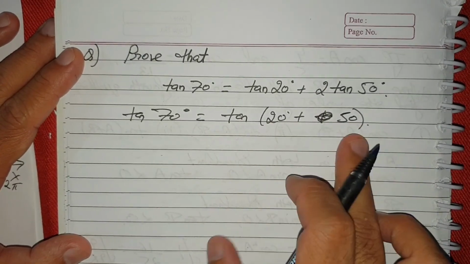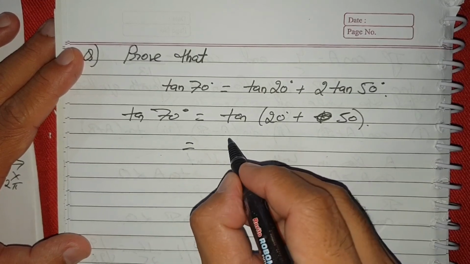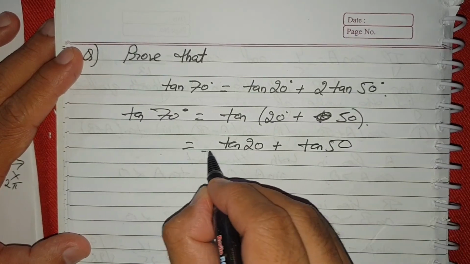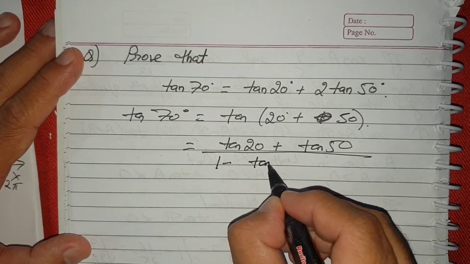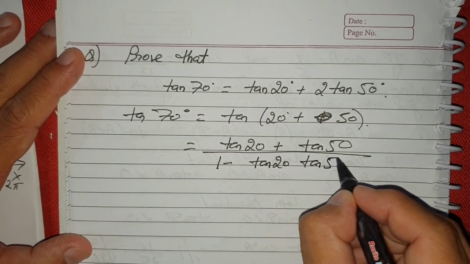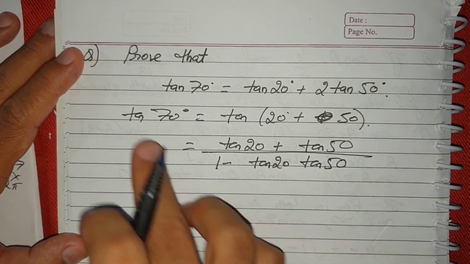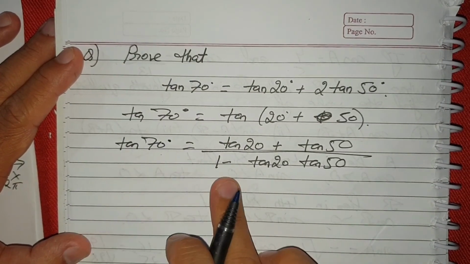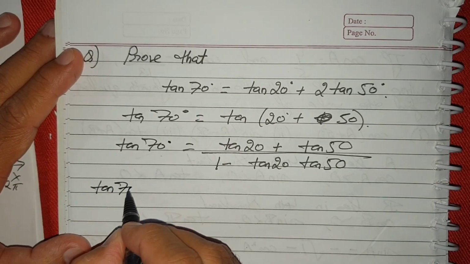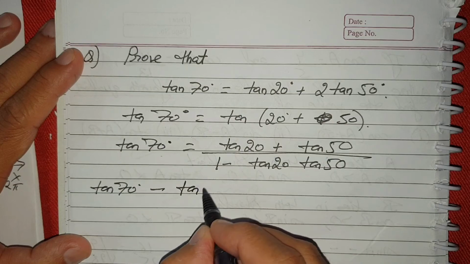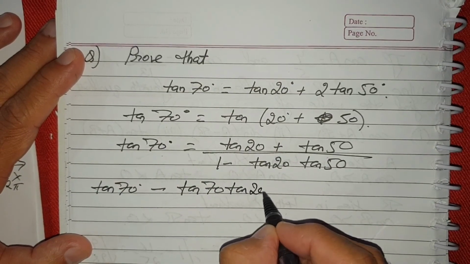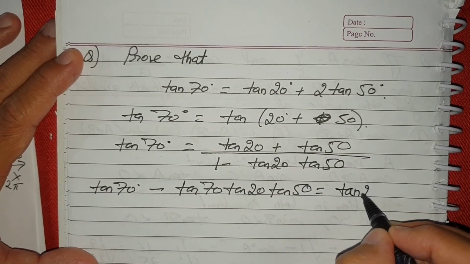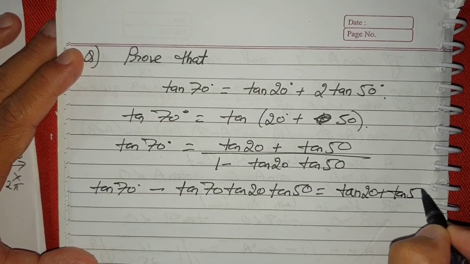Now apply the formula of tan(A+B), which is equal to tan A plus tan B upon 1 minus tan A tan B. Now cross multiply. This will be tan 70 minus tan 70 tan 20 tan 50 equals tan 20 plus tan 50.